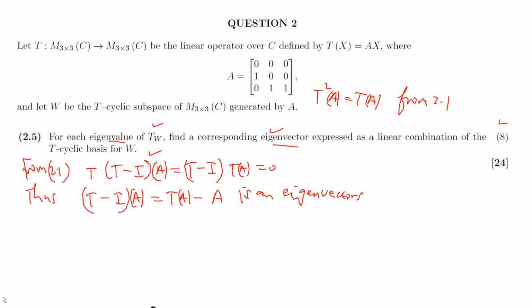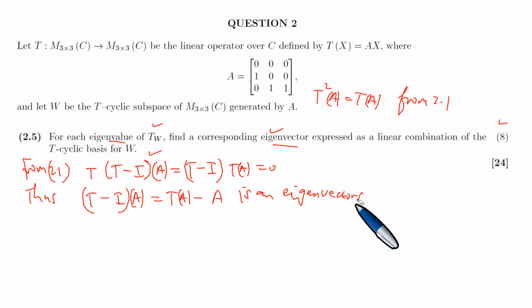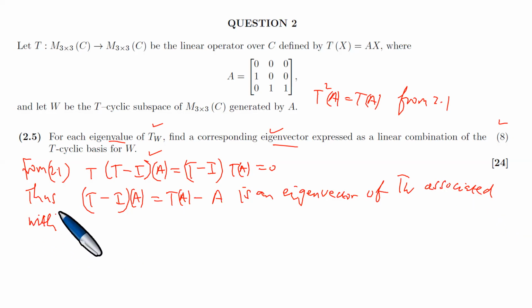The eigenvectors we found them in terms of the linear operator. So this one is an eigenvector of TW associated with lambda equals 0.